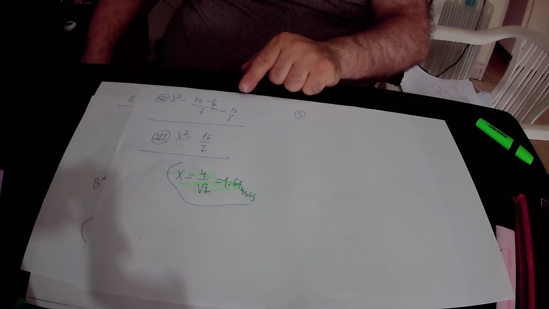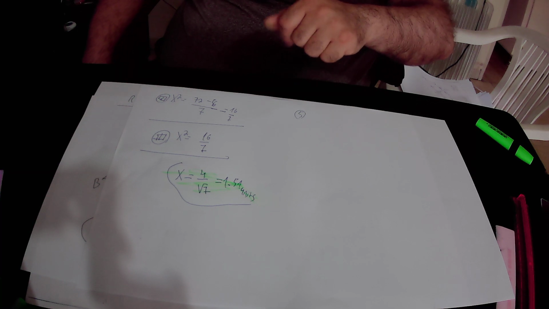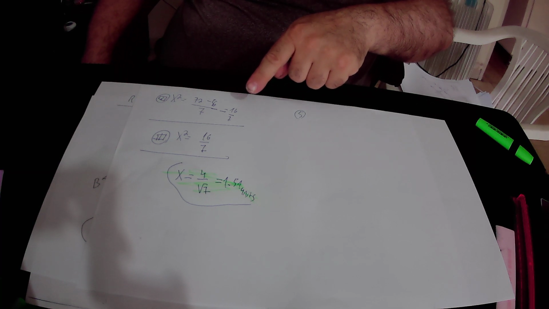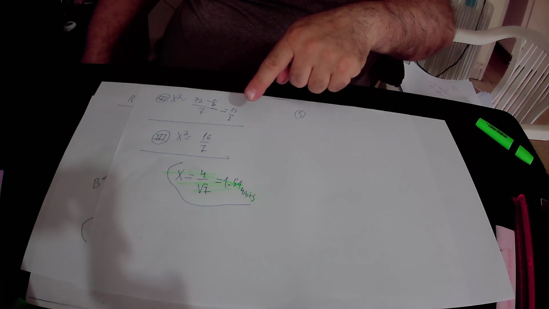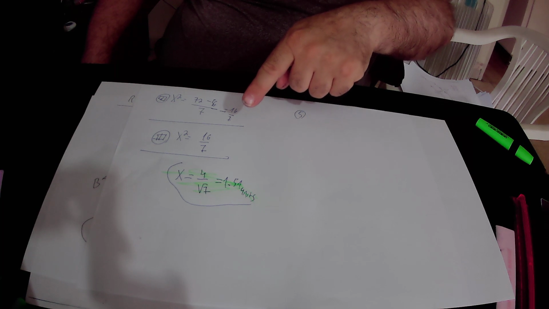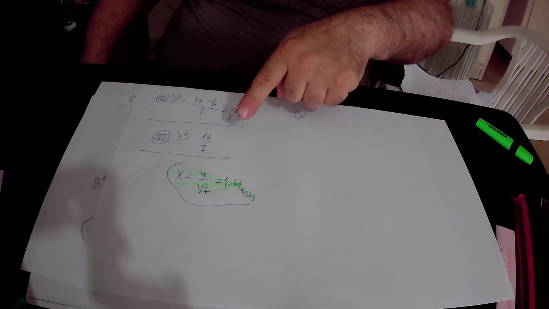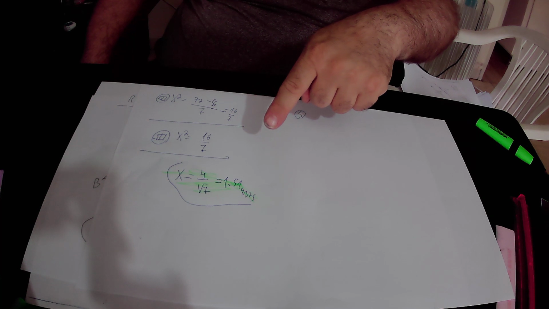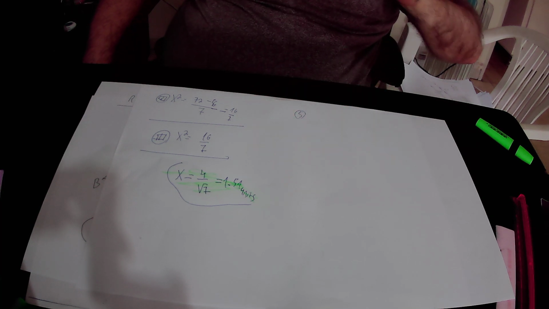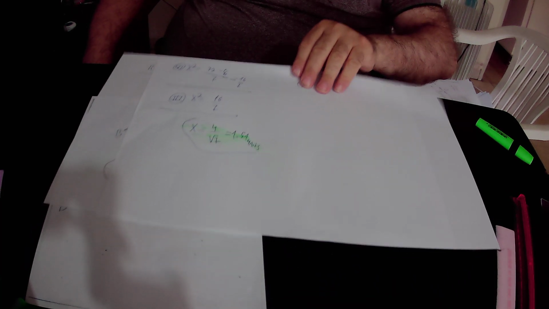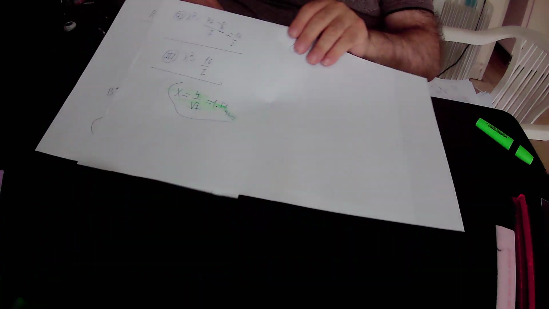So in conclusion, we found that X square equals 16 over 7. We took the square root of this equation and found that X equals the square root of 16, which is 4, over square root of 7 units.